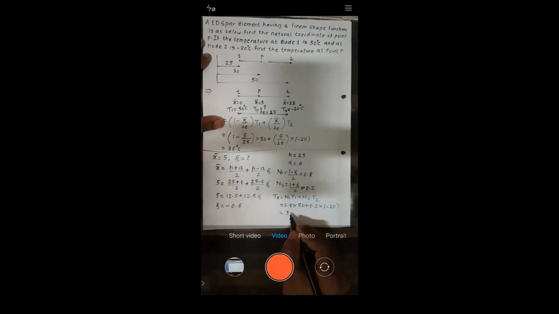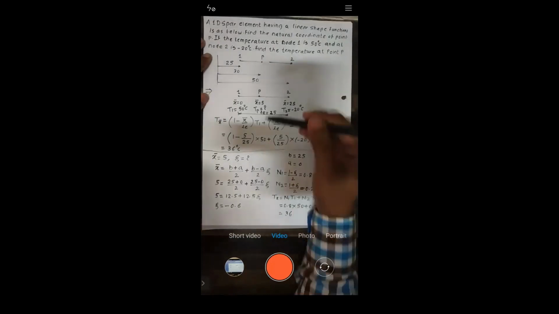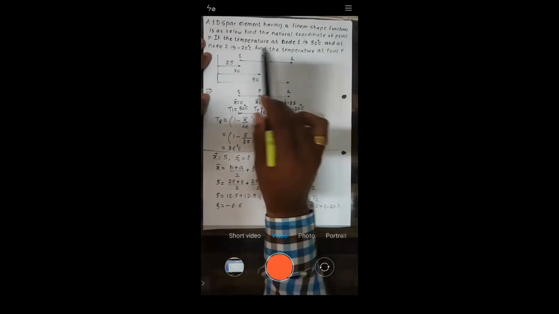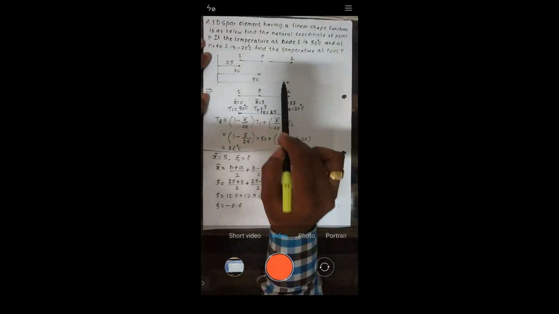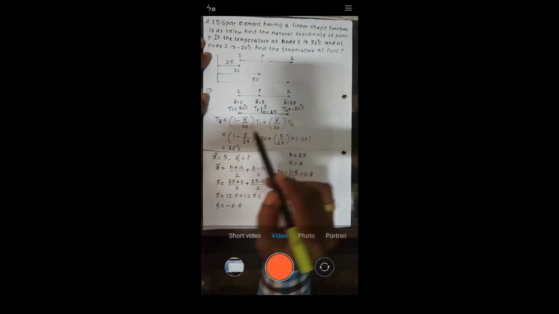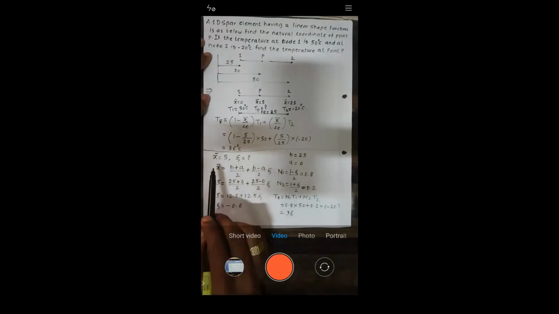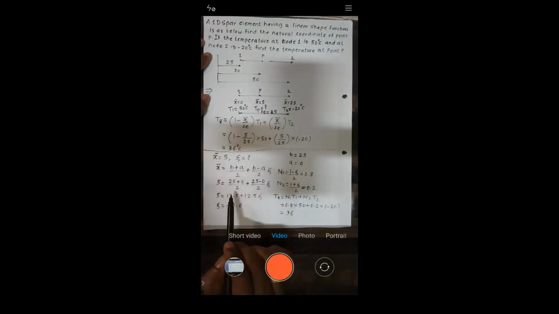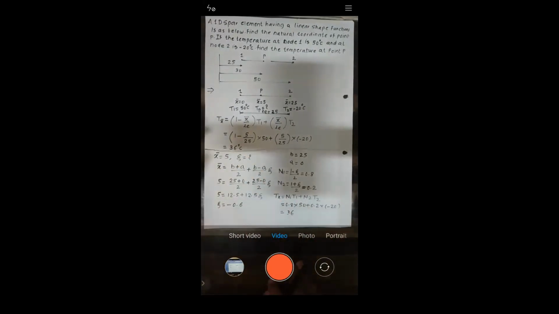So see what you have done. Initially the problem was given in the global coordinate. We transformed that problem into the local coordinate and then solved it, and we got this value of temperature. After that, we converted the problem into the natural coordinate and solved it again, and we are getting the same value. Is it okay?